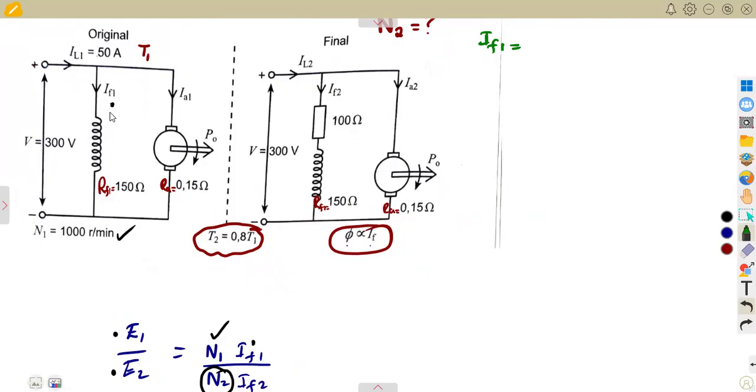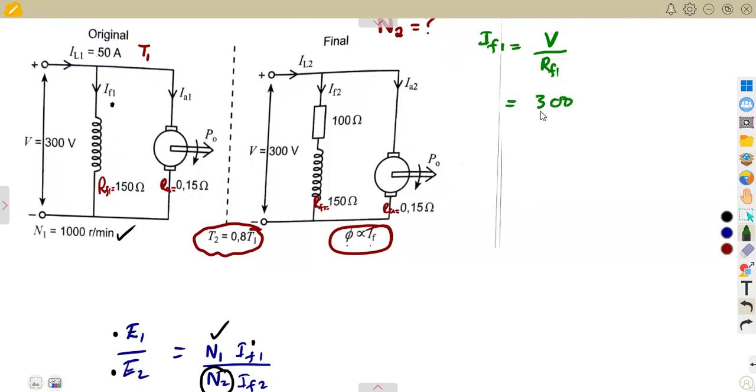Remember from your N4, we are just referring to the shunt. It's the same thing. From the supply voltage over the R field, which is our R shunt in this case, that is the shunt resistor, we can calculate this. There's only a single resistor that we are given there. So that is enough.